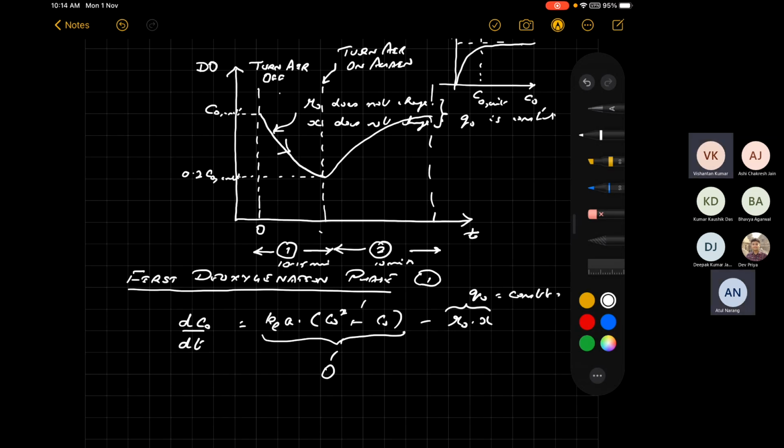That's right. So far all I've said is that when you turn the air off, suddenly you stop the air. You just don't supply any air. So now the cells are still consuming the oxygen, but you're not supplying any air. Is it intuitively obvious that the dissolved oxygen will start to go down because the cells are eating up whatever was stored in the liquid reservoir? Yes, sir. Is that part clear that the dissolved oxygen will go down? Yes, sir.